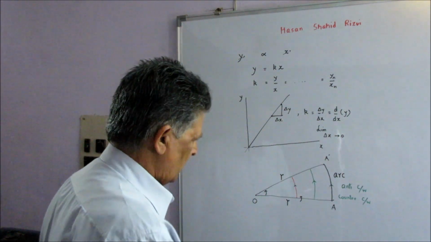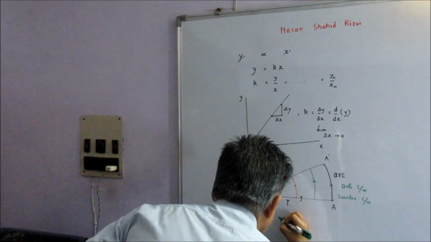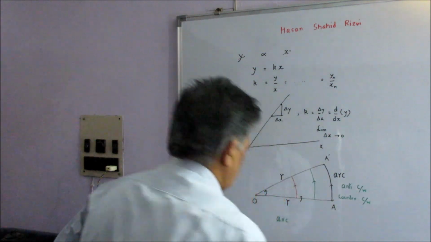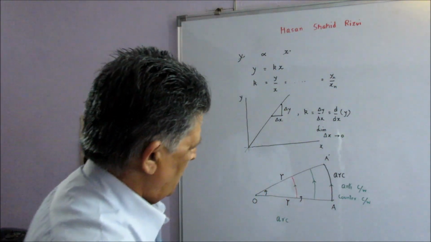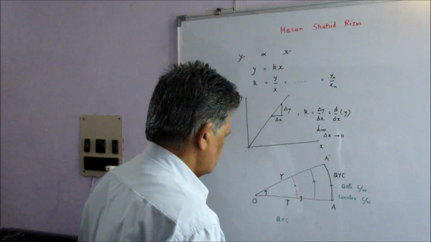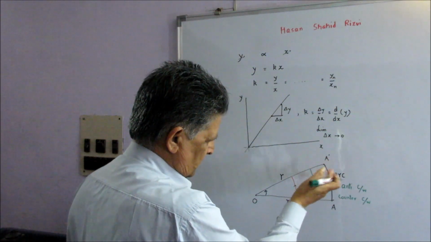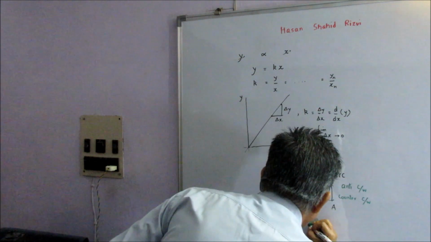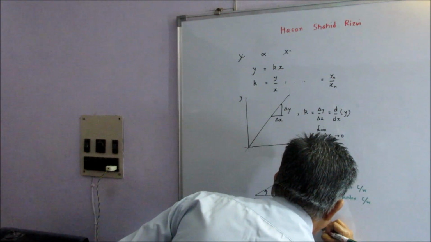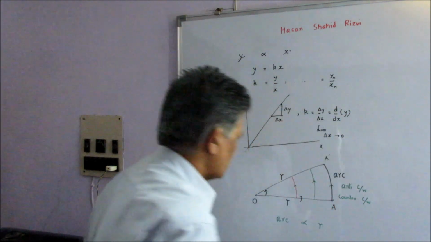So I can write that this arc, the length of the arc, which can be cut and measured, this arc is, in the system of these circles, proportional to the radius r.